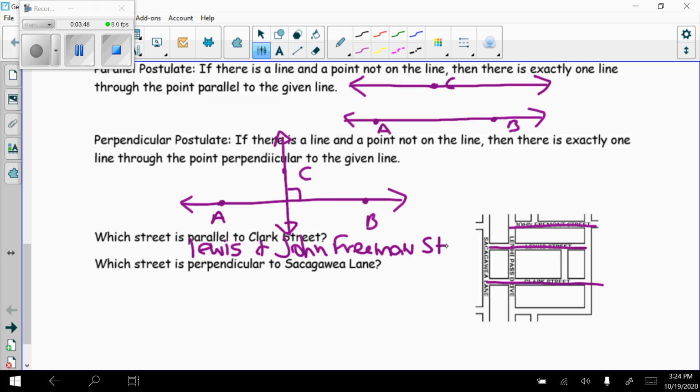Those two lines are both parallel to Clark Street. And then what street is perpendicular to Sacagawea Lane? So here's Sacagawea Lane. Again, we have two lines that are perpendicular to that. We have Lewis and Clark.